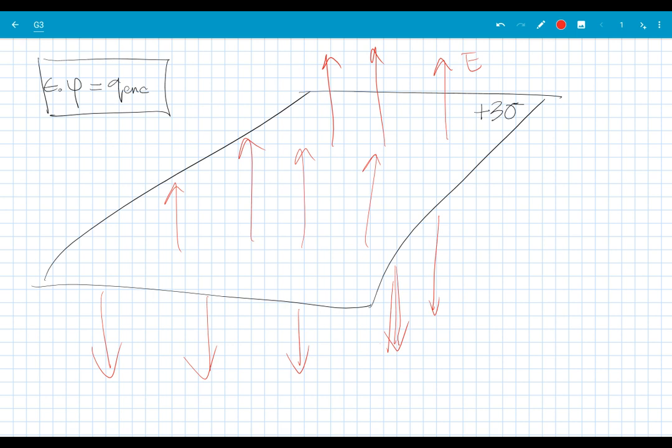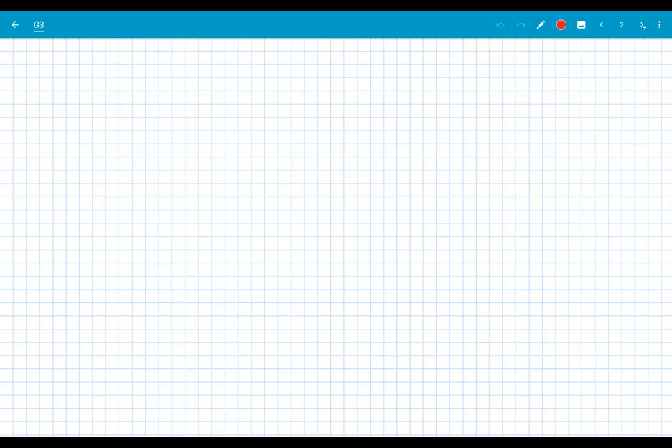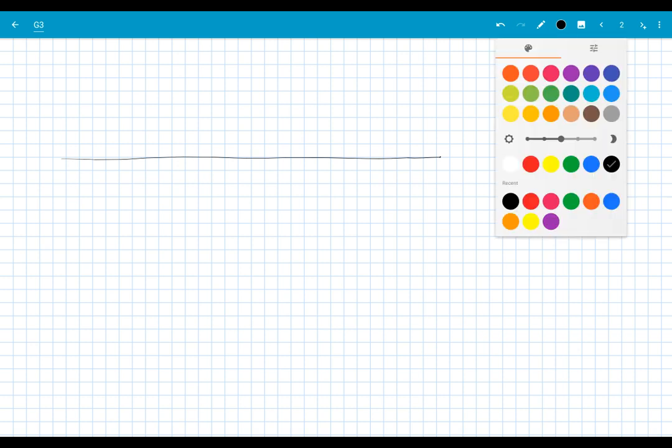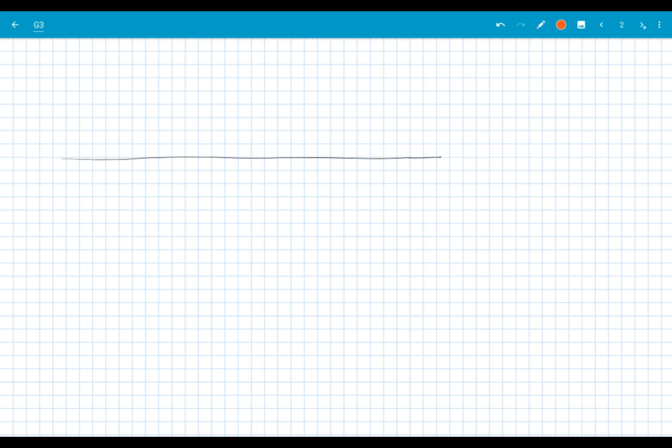Okay, this is a perspective diagram. Let's move to a side view diagram now. So from a side view diagram, say here's my plane, right? And it's really long, so I'm not going to worry about the size of it. And I'm going to draw my electric field in again here. This is positively uniformly charged.